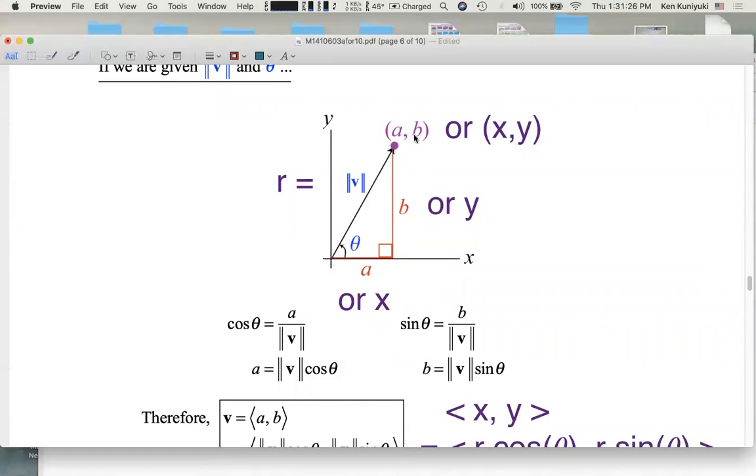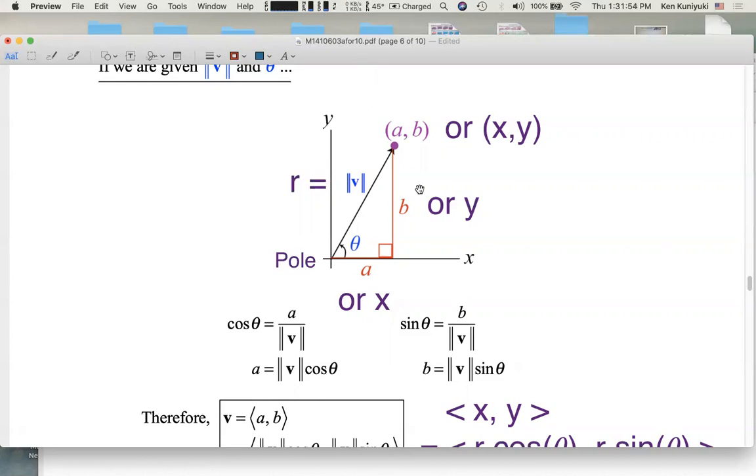A and b are like specific values. Now, we can associate the length of this vector with this notation, or we can just call it r. R is the length of this position vector. It's the distance from the origin, or pole. We can now call this point the pole. The distance between the pole and this point, a comma b or x comma y.